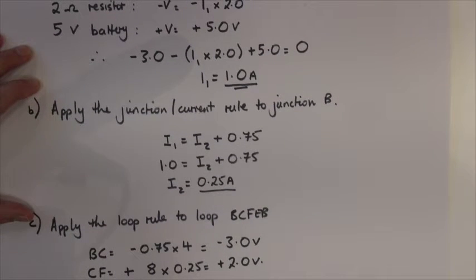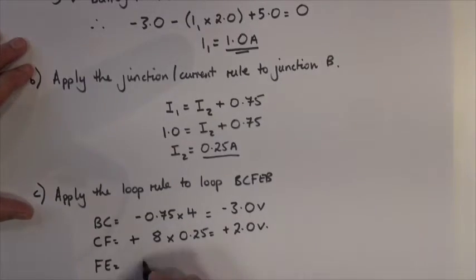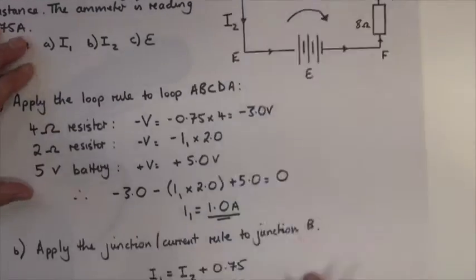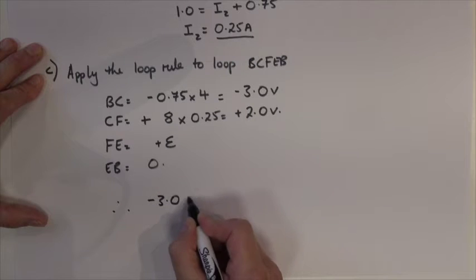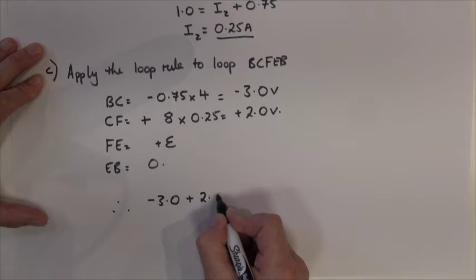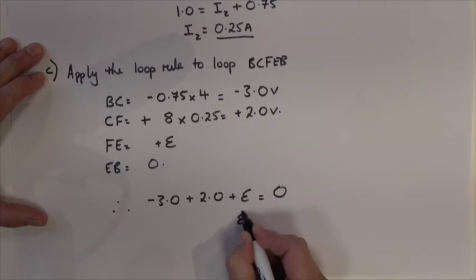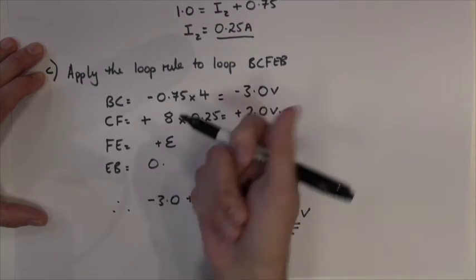So 8 times 0.25 gives me 2 volts. Now going from F to E, this is going uphill, so I make it a positive result, and I've got nothing from E to B. Combining it all together, I get negative 3 volts plus 2 volts plus epsilon equals 0, and rearranging, epsilon comes out as 1 volt. And that's it solved.